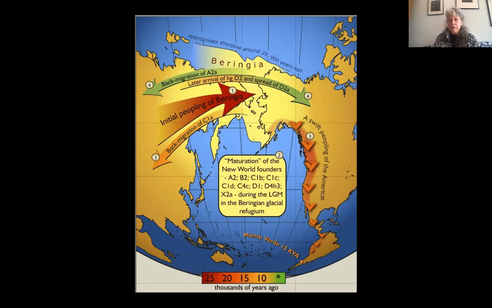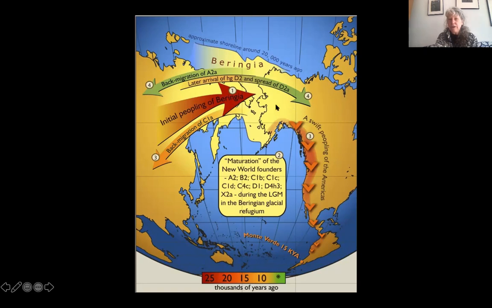Okay, so where did the people of North America come from, the original first peoples, as we say? They came from Asia, and they came across a land bridge called Beringia, as you can see on this map. Nowadays, you'd have to use an airplane or a boat to get from Russia to Alaska.